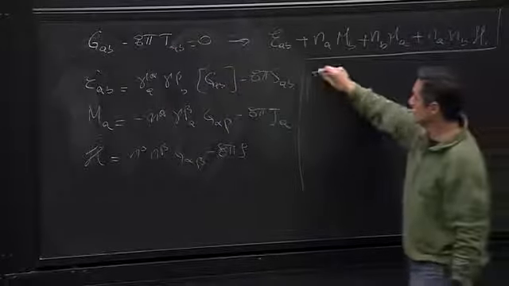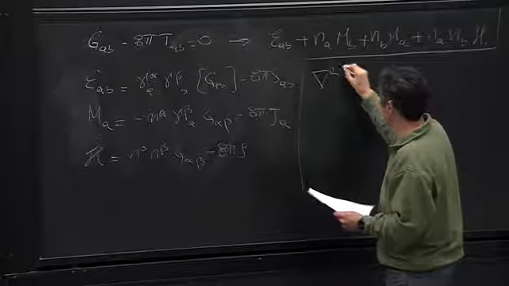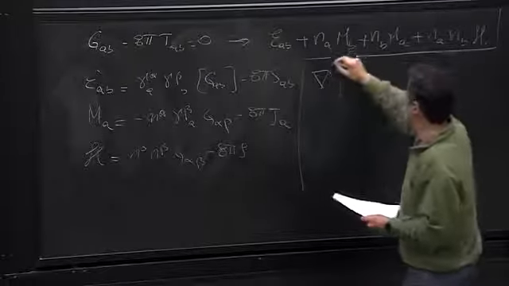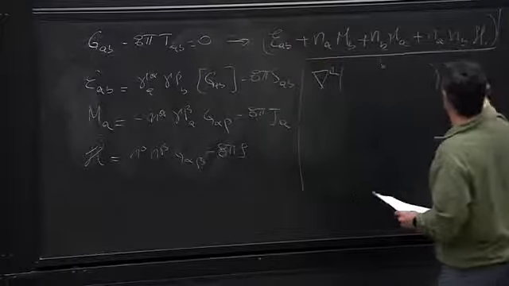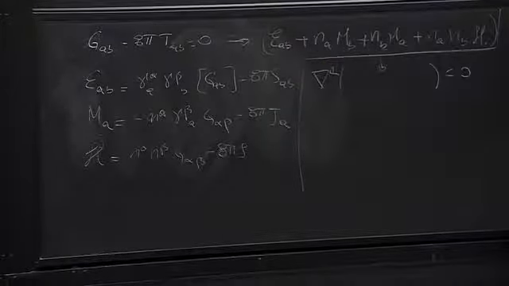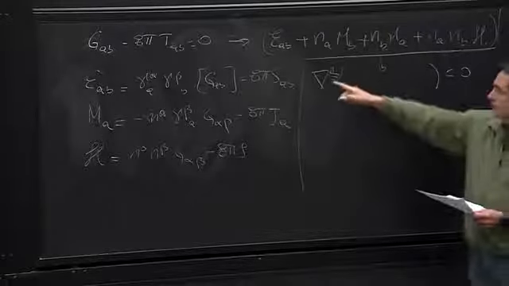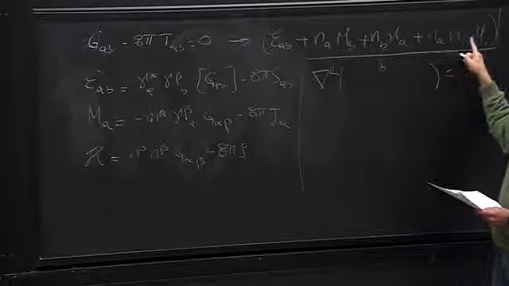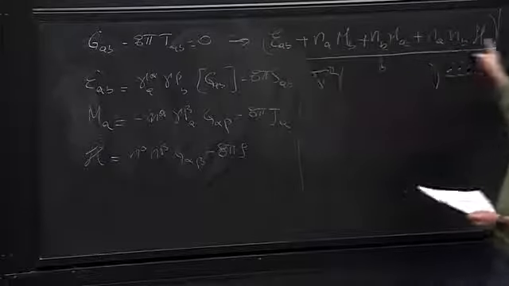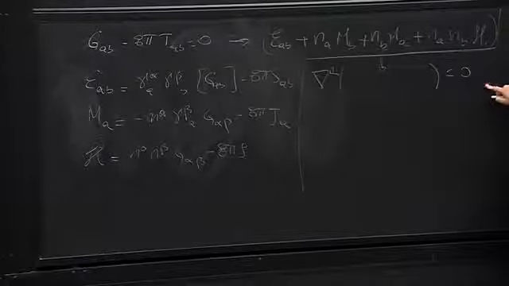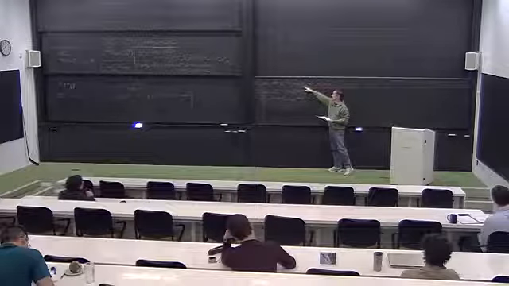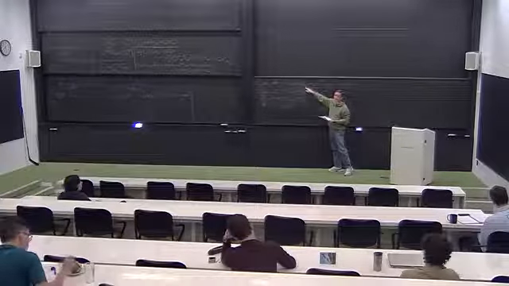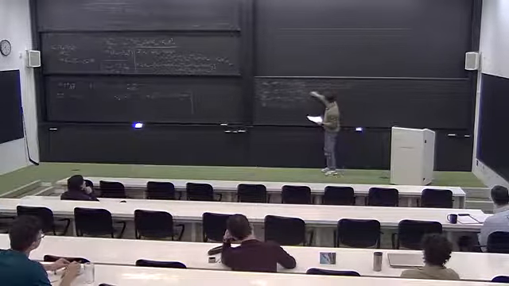So this is true. Now, when we take the divergence of this expression, we get a 0. The divergence will contract one of the free indices. We have a free index, B. Let's contract that by B.